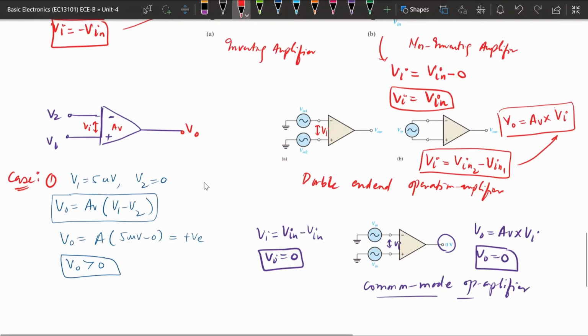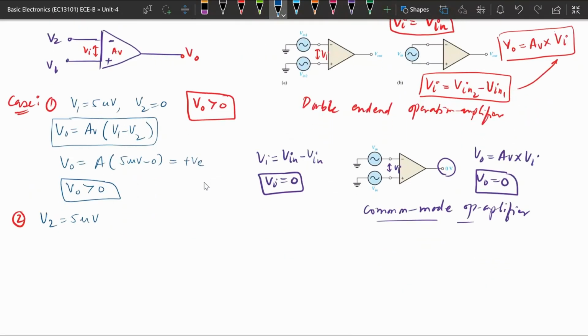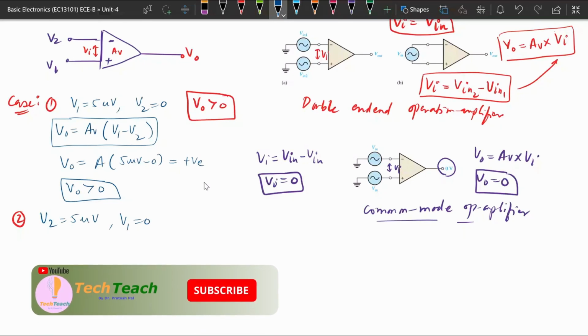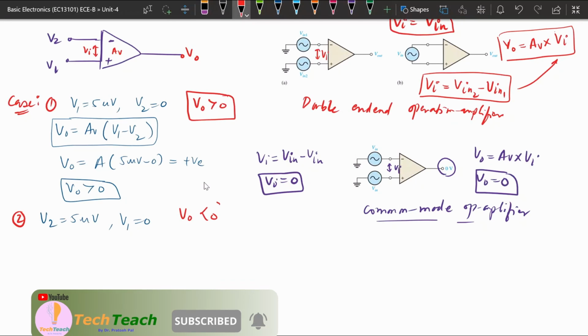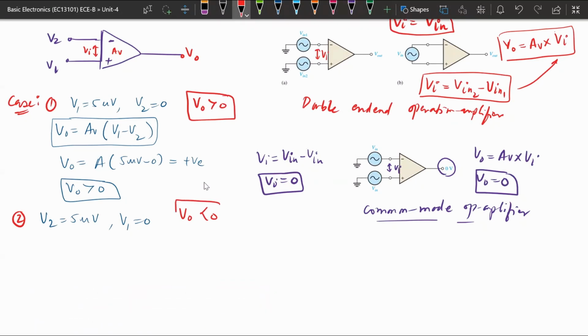Suppose in the second case V2 is equal to 5 microvolt and V1 is equal to 0. By putting the values, V1 will be 0 and V2 will be 5, so it will be minus, multiplied by the gain. So the output voltage that we get is negative, that means output voltage is less than 0.